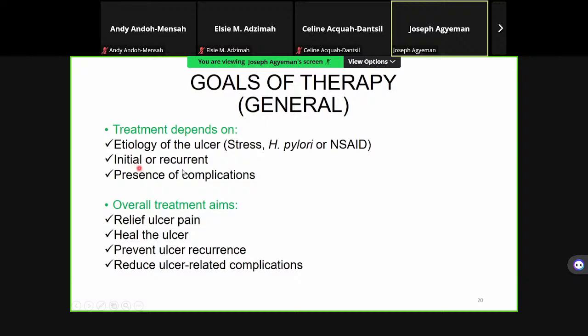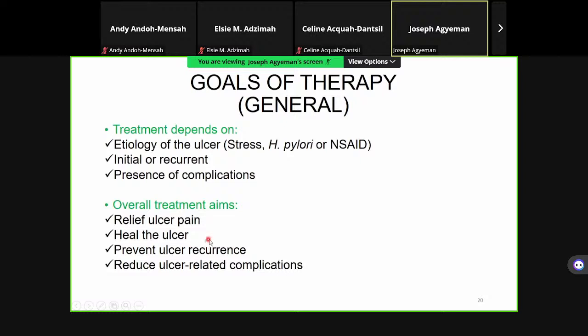Or it has been chronic, recurrent, it goes and comes back? You have to take that one into consideration. Then do you have complications or not? So in treating peptic ulcer, it depends on all these: the etiology, whether it is the first time or a chronic issue, the presence or absence of complication.